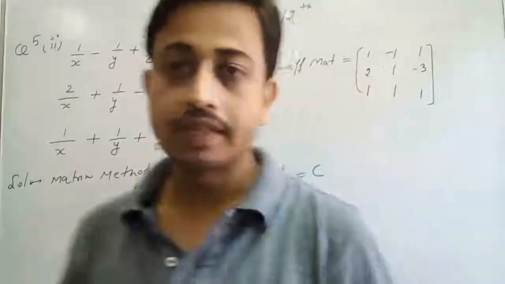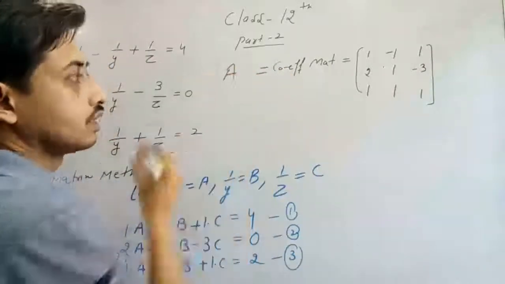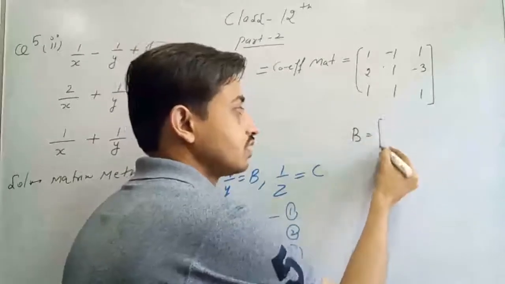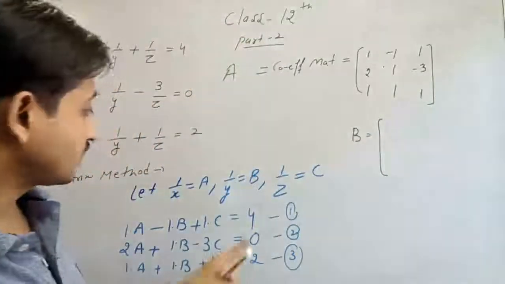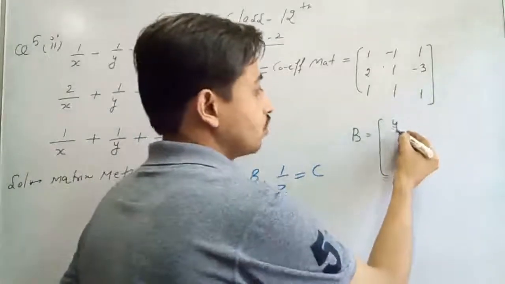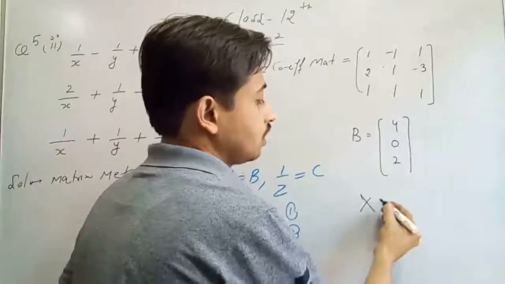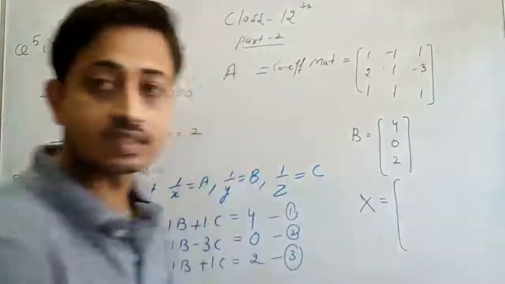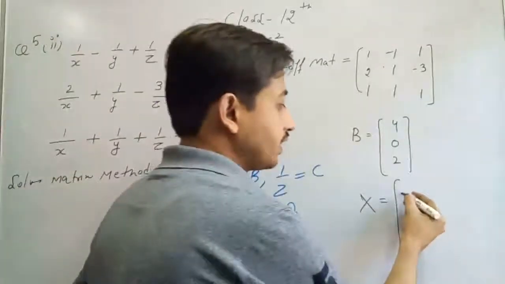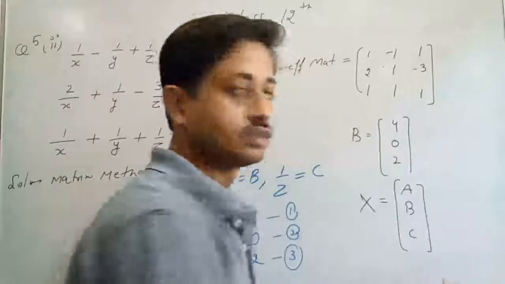This is the coefficient matrix, and we represent it by the letter A. The B matrix is the constant element matrix: 4, 0 and 2. The variable matrix has the variables a, b and c.